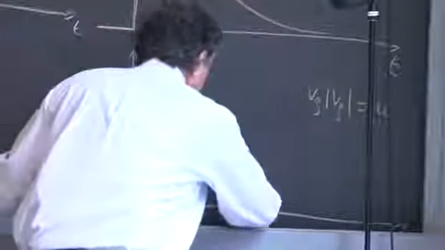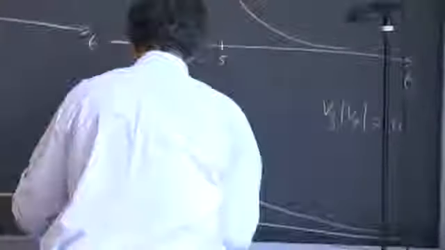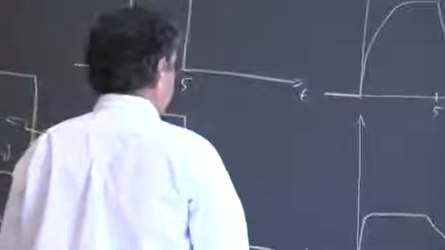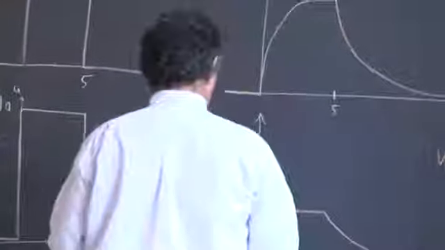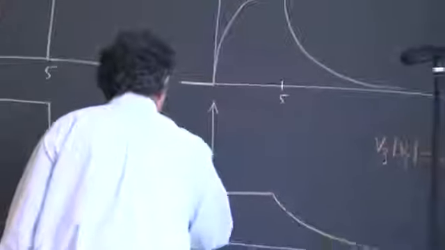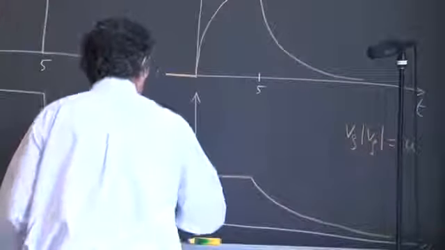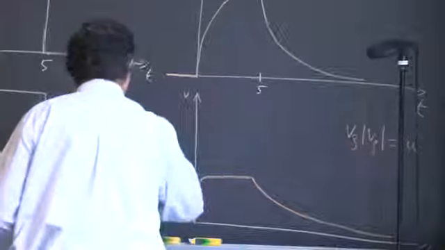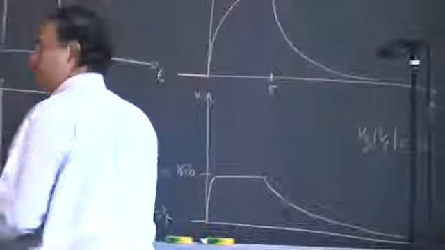You have a much more precise drawing in the book. But the main point I was trying to make here was that velocity will be square root of 10, which is something like 3.3.